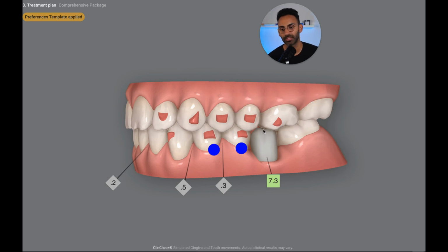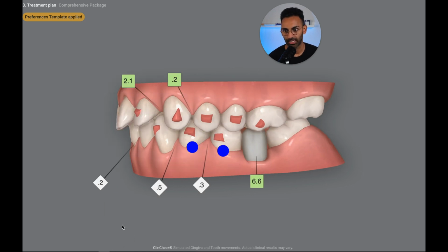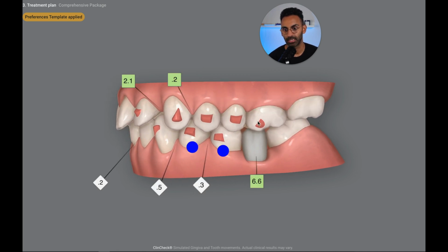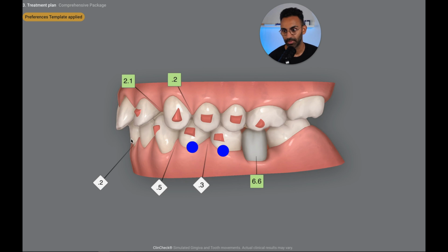What this does is, since we are retracting these teeth, I'll play this out for you, and you're bringing them back, this attachment is placing a counteractive force on the molar to prevent it from moving to the mesial. If you don't have this attachment, then as the trays are trying to retract and bring these incisors distal, you are going to naturally have these molars try to move forward.